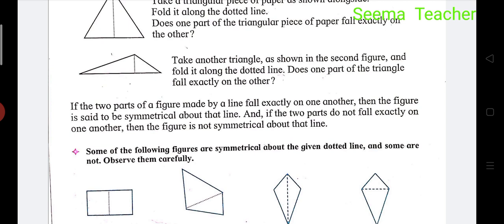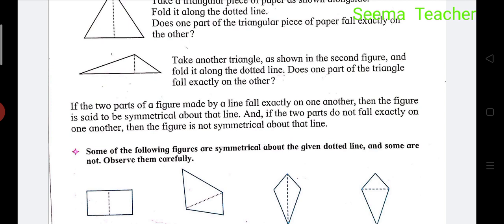And if the two parts do not fall exactly on one another, then the figure is not symmetrical about that line. This means the first triangle falls exactly on itself, so it is symmetrical, and the second triangle is not symmetrical because the parts do not fall together. So this is not symmetrical.